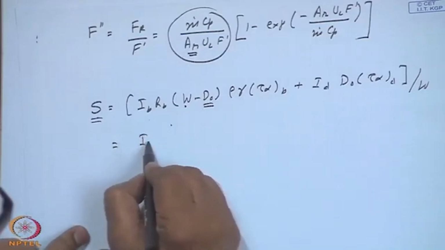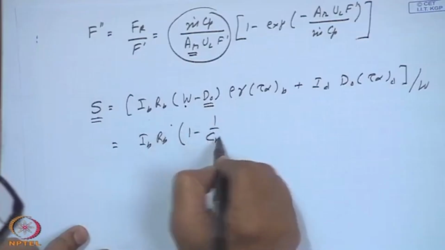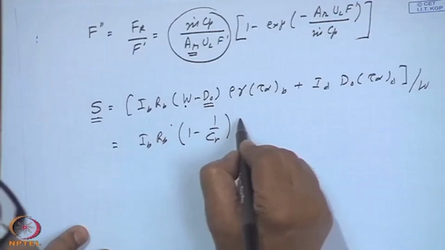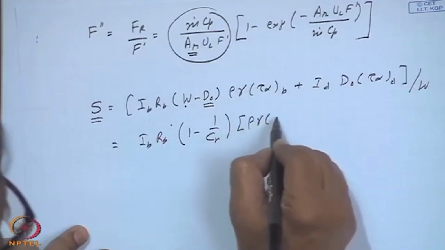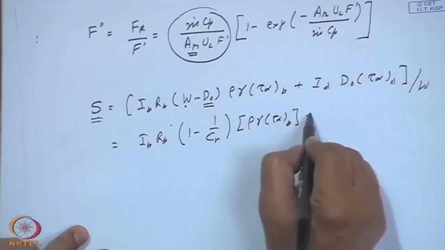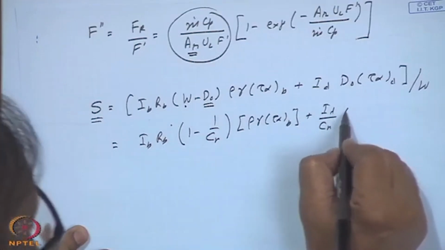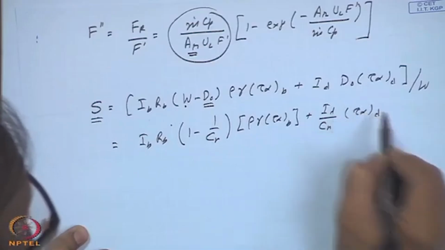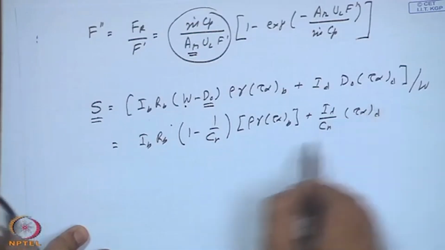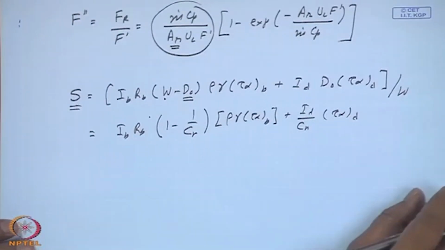This can be rewritten as IB RB times 1 minus 1 upon CR times rho gamma tau alpha direct B plus ID upon CR times tau alpha diffuse. So, this is what you have got if you consider the shading by the receiver tube onto the aperture plane.